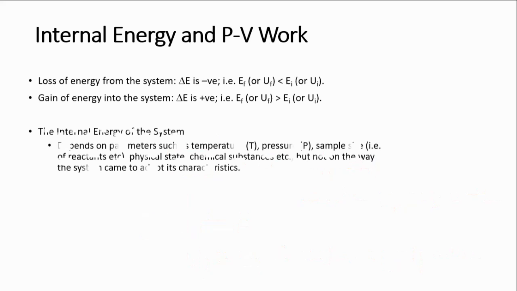Now, the internal energy of the system is dependent on a number of things. It is dependent on the temperature, the pressure, the size of the system, the physical state, and also the chemistry, the chemical substances, which is basically the chemistry of the system.